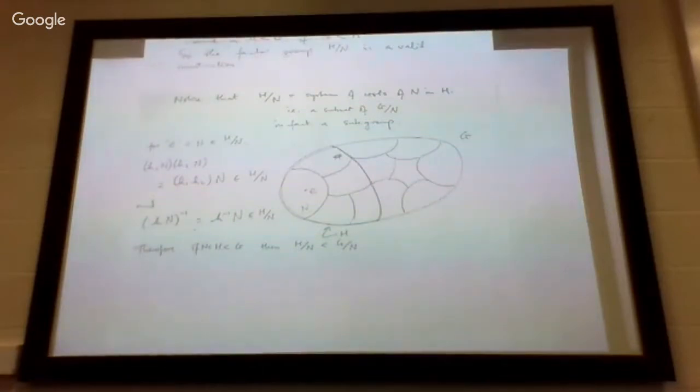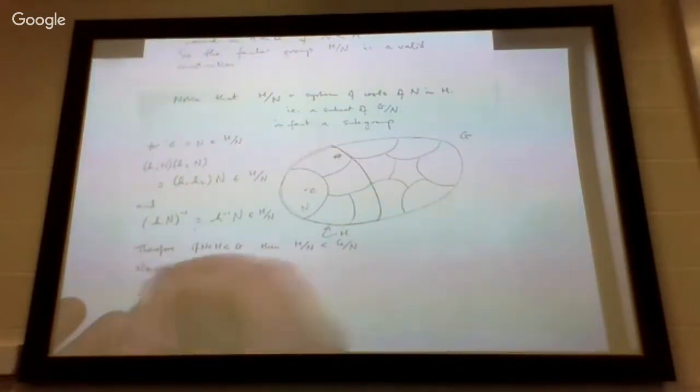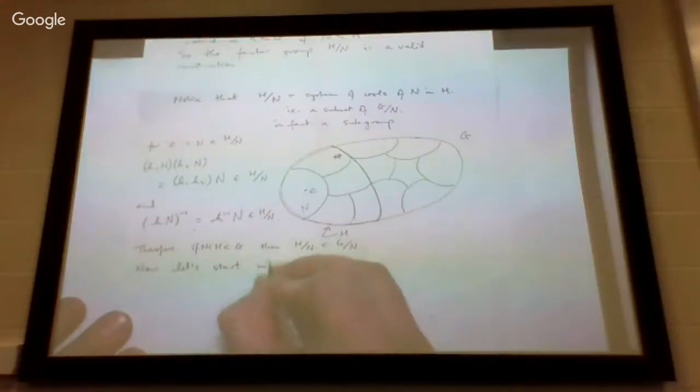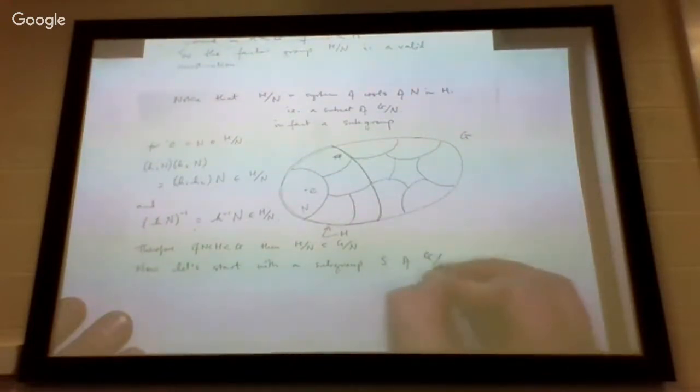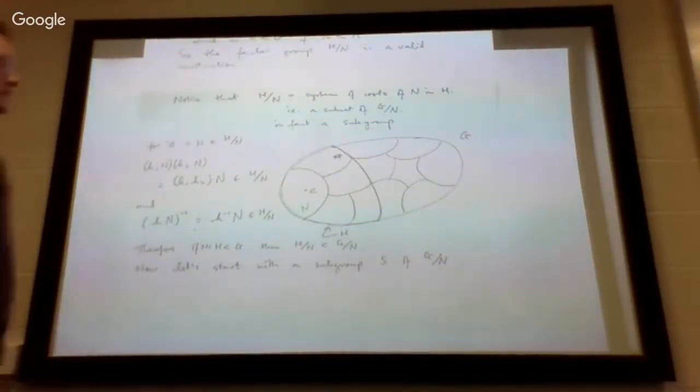Now let's look and go the other way around. So now let's start with a subgroup S of G mod N. So what is S?